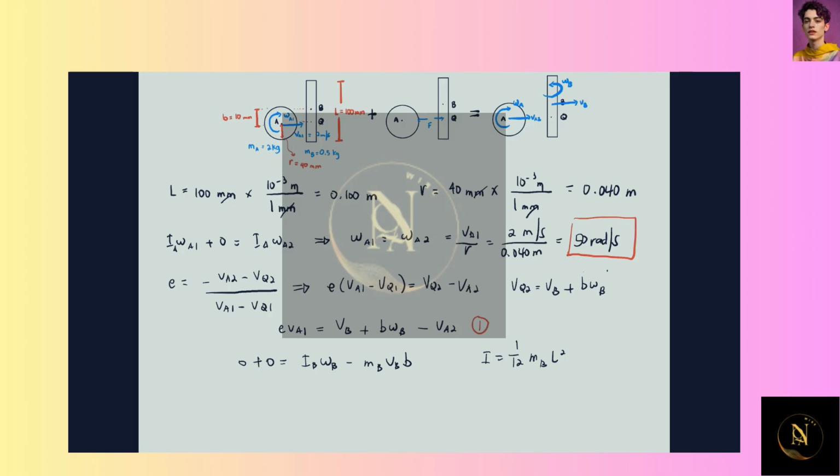Substituting this, 1 over 12 mb L squared omega b equals mb vb b. Finally, we can write our equation as vb times b equals 1 over 12 L squared omega b. So this is our equation 2.